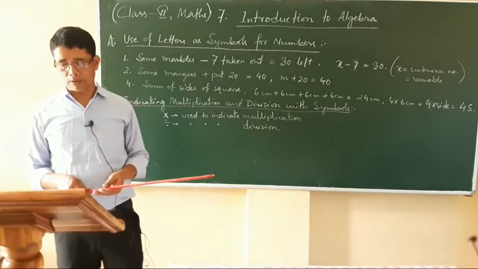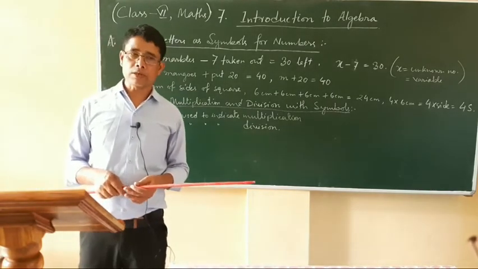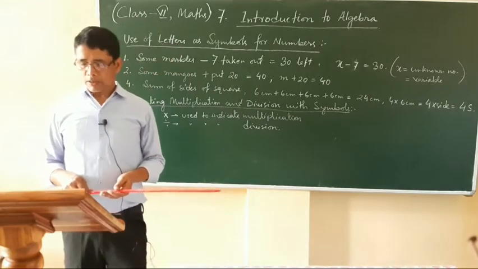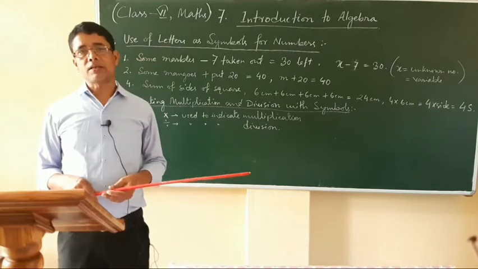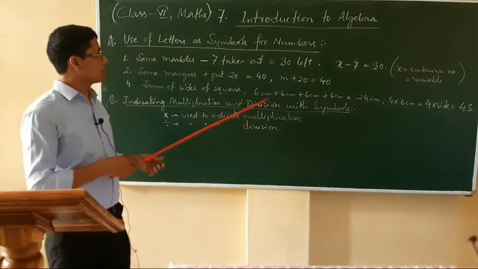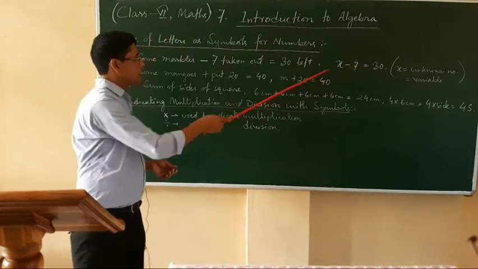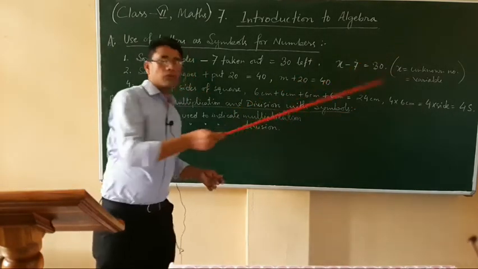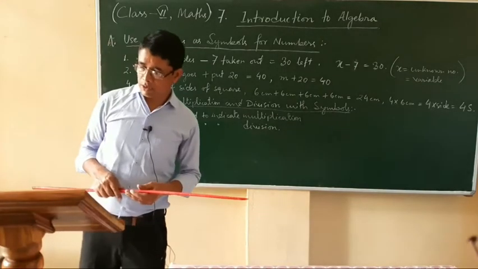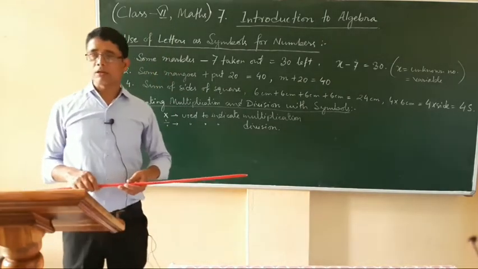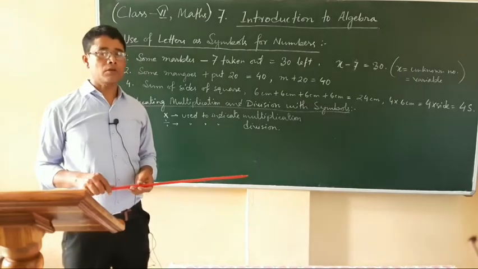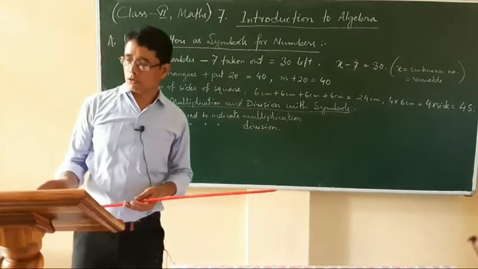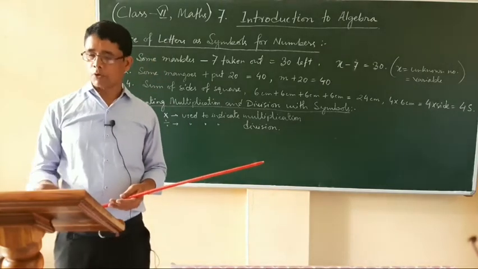So they are called as variables because variables can take any value. Variables are used with plus or minus sign. You see here it is minus, here it is plus. So with multiplication also we can use variable, 4s. So plus, minus, multiplication to indicate addition, subtraction or multiplication of the numbers which are not mentioned in a problem.